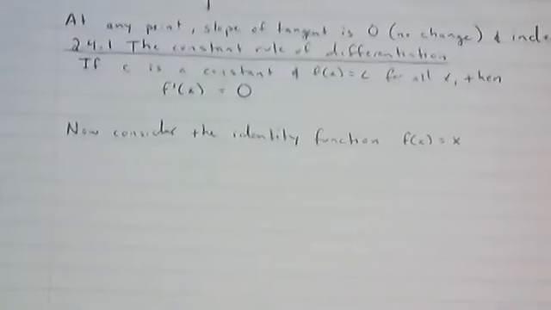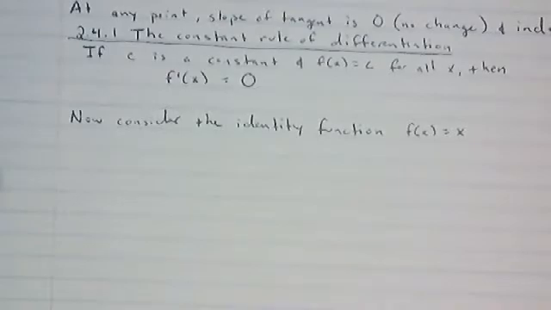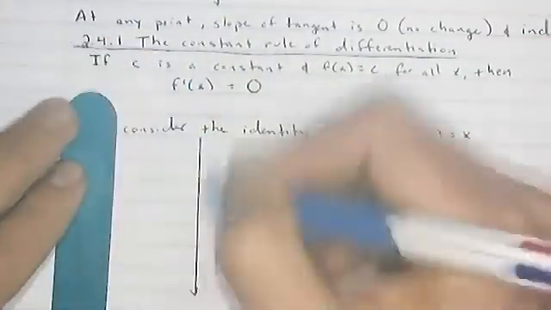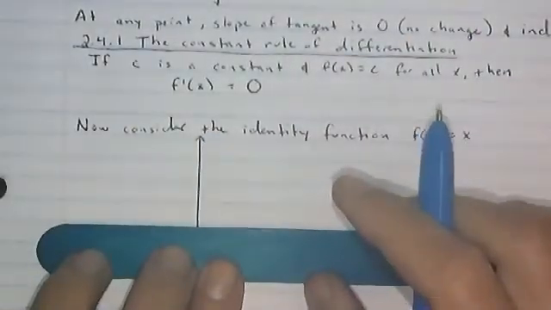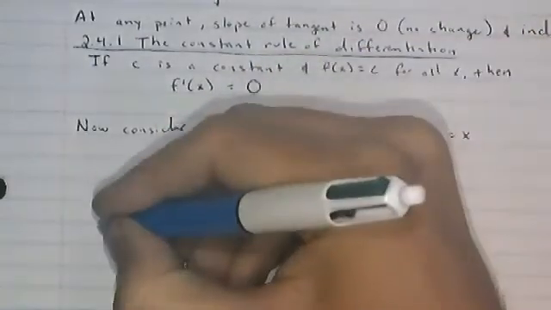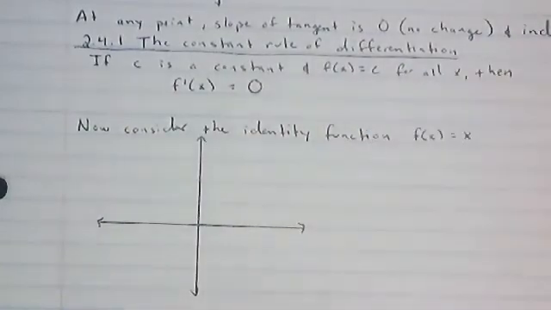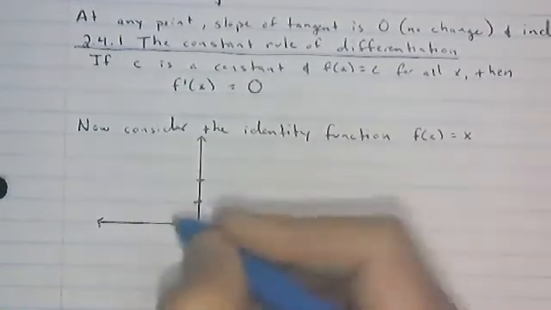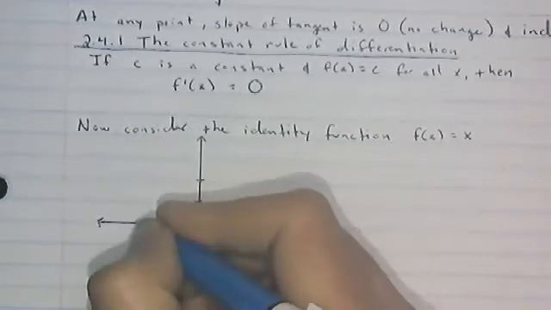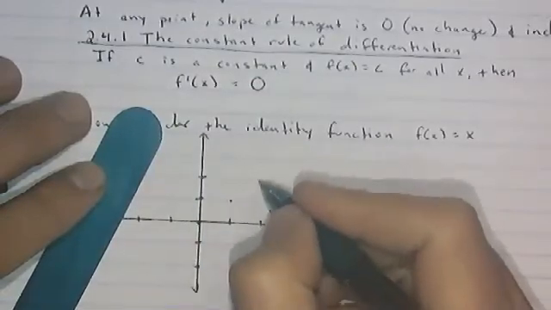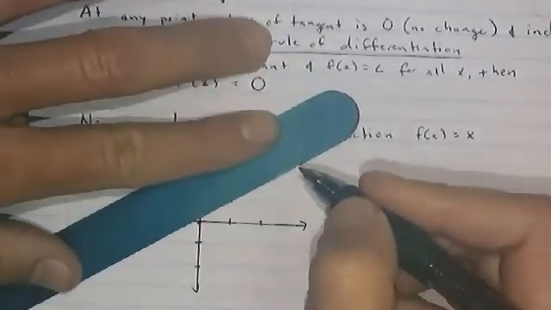We'll again consider this graphically at first. Our identity function looks something like so.